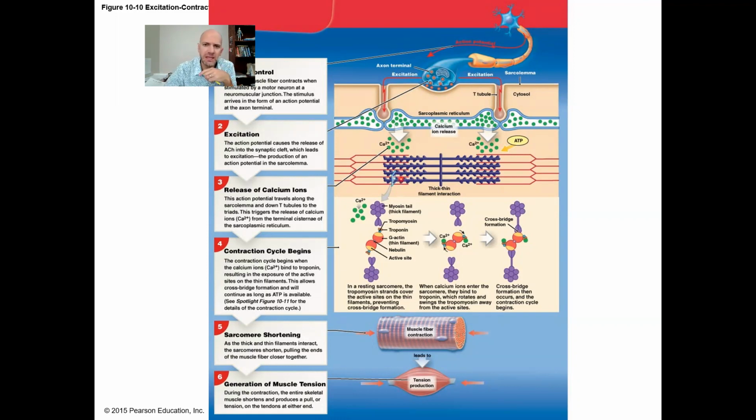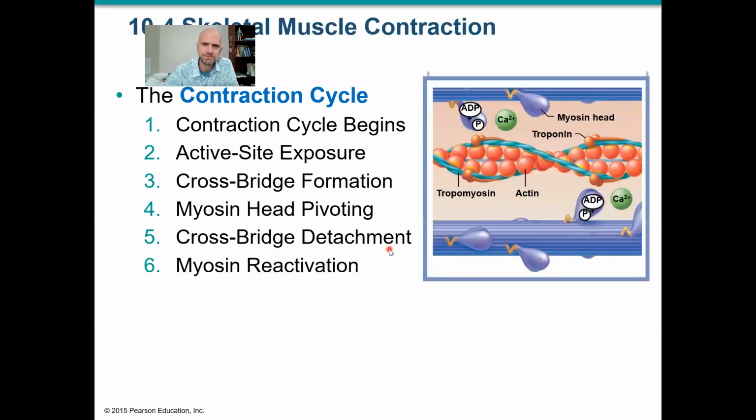That's going to happen in the myofibril, and it's going to happen between actin and myosin. The sliding filament theory is the relationship between actin and myosin and how they slide past each other, creating shortening of the muscle tissue. It's not just that they're sliding, but actually myosin is pulling actin towards itself or past itself. And we'll go into some more detail.